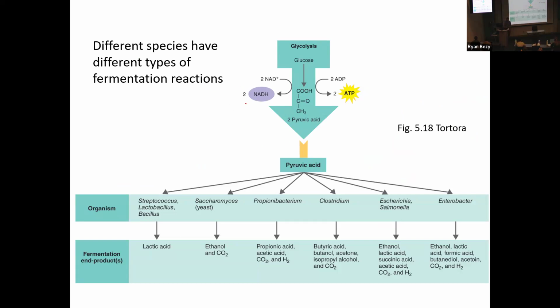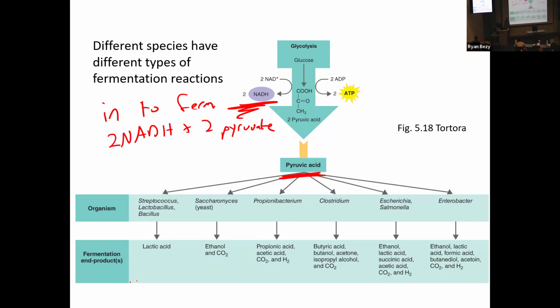Fermentation always starts with NADH and pyruvates, or pyruvic acid. So what goes into fermentation is, again, the 2 NADHs plus the 2 pyruvates.